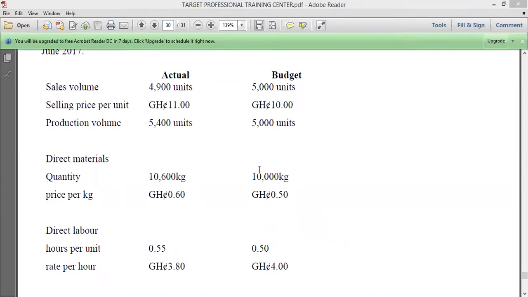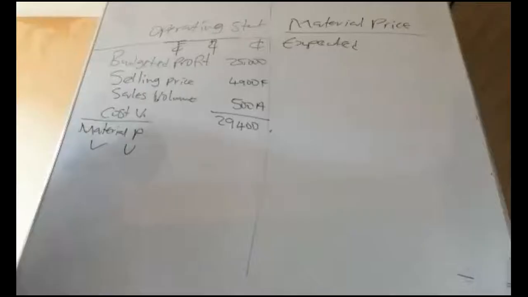Perfect. So what do you get? So it will be the 10,000, right? Times 0.5. It must be the actual quantity consumed, by the 0.5. Perfect. So 10,600. That question, the arrangement was a bit troublesome.